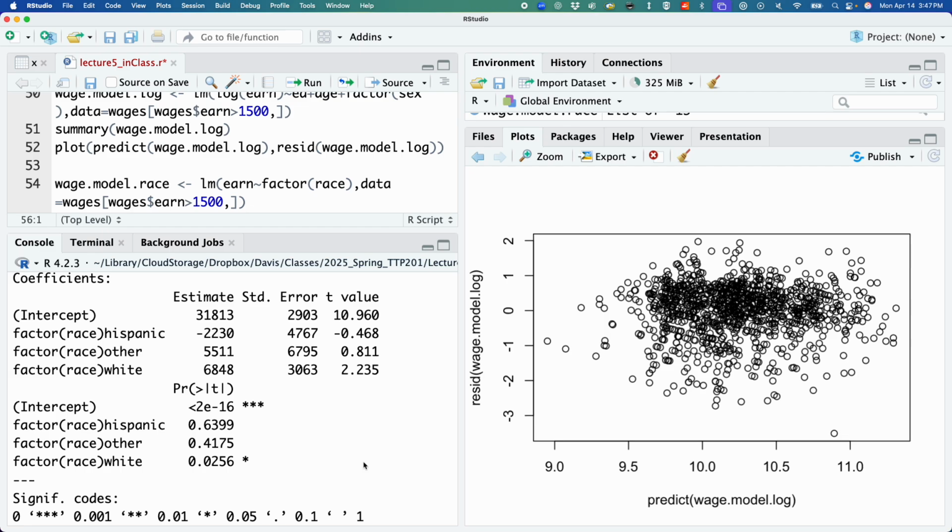And so someone who would be black in the data set, we would expect them on average to have wages of $31,813, and everything is relative to that. So someone who's Hispanic would make 29,600-ish, someone of an other race would make 37,300-ish, and if you were white, you would make 38,600-ish.